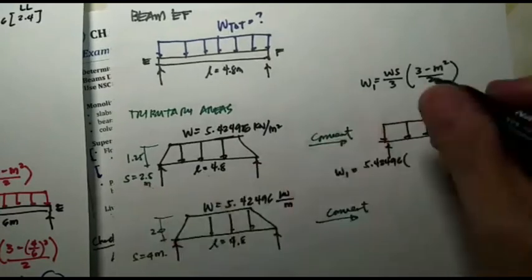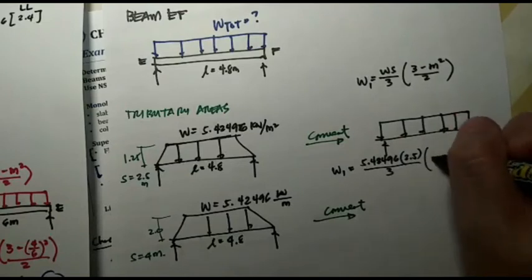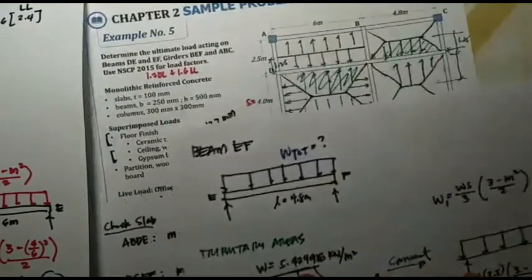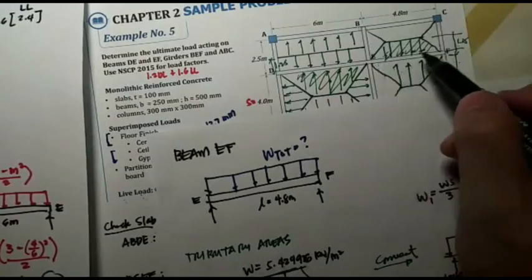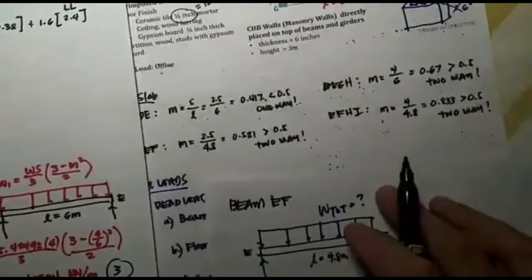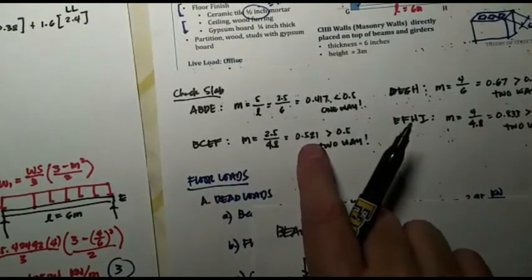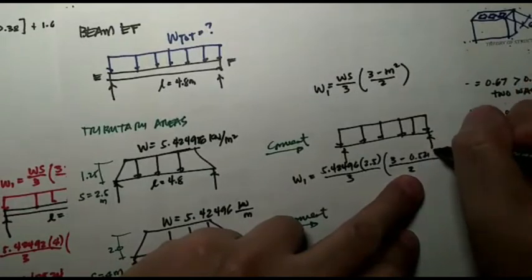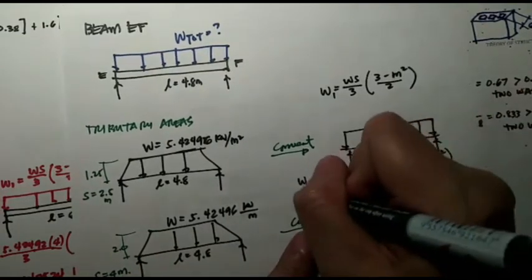Ang S niya is 2.5 divided by 3. Okay? Times 3 minus m. Ano yung m para dito? So, yun yung BCEF. Ang m niya is 0.521. Don't forget to square it. Okay, so yan yung W1.